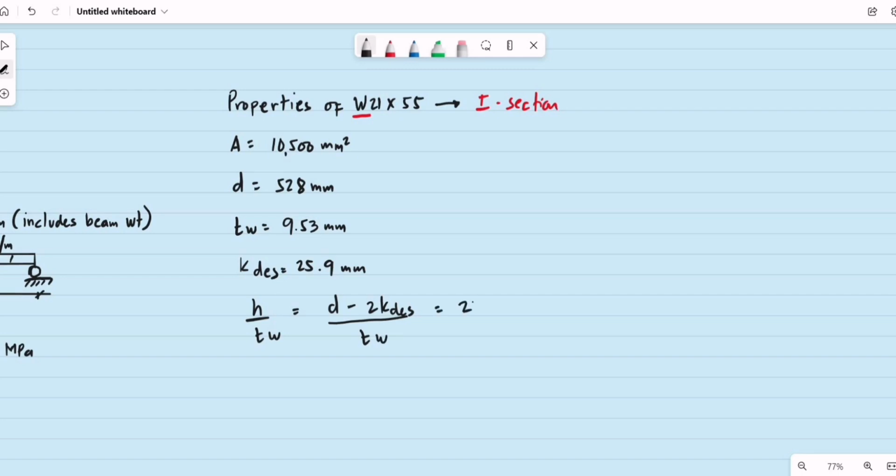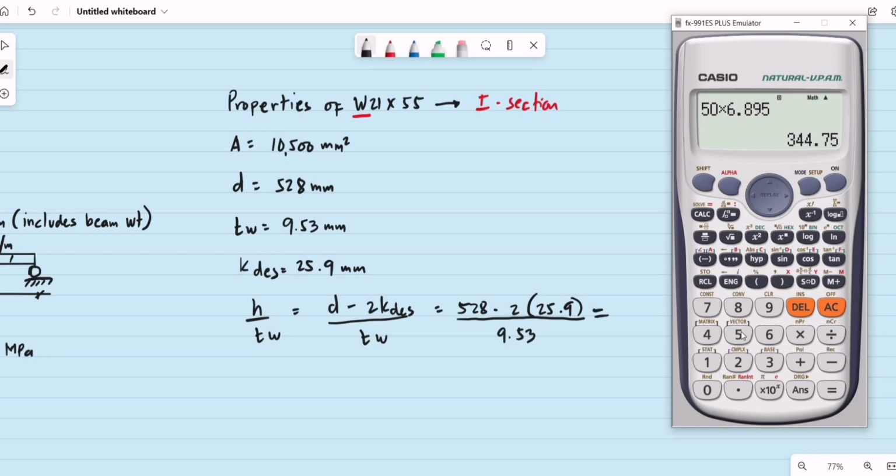The total depth is 528 millimeters, minus twice the k des of 25.9, then divided by the thickness of the web, 9.53. That is 528 minus 2 times 25.9.